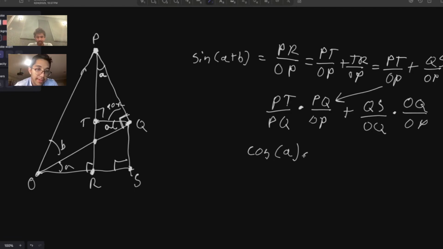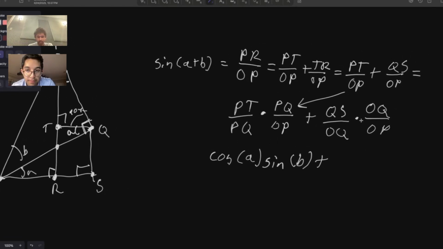My bad. Yes, so sine of angle B. Now what is QS over OQ in terms of angle A? It's also sine. Yes, so sine of A. And what is OQ over OP in terms of angle B? Cosine. Yes, that would be the cosine of angle B.